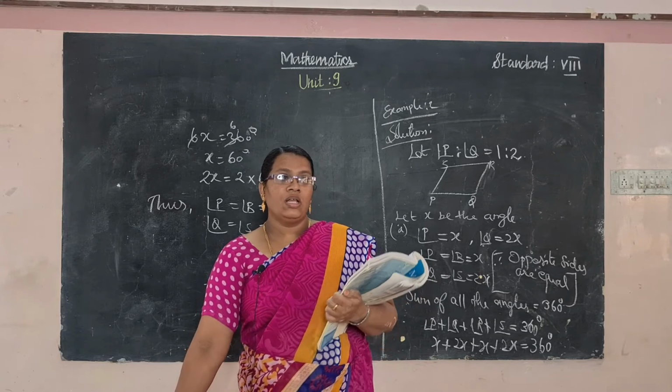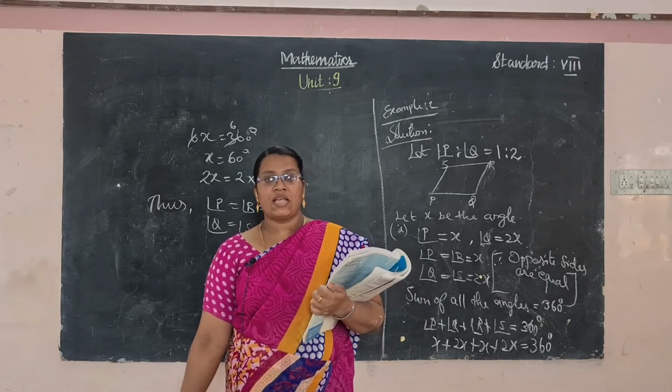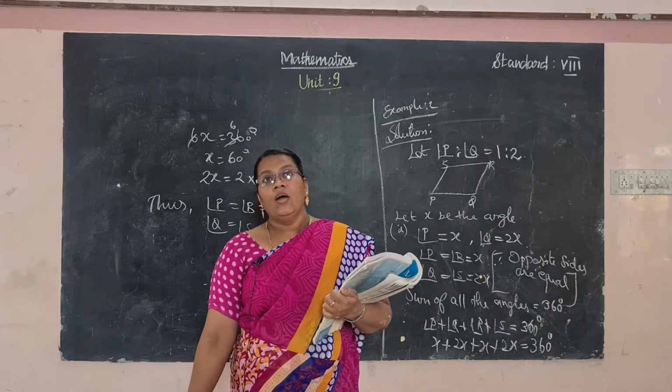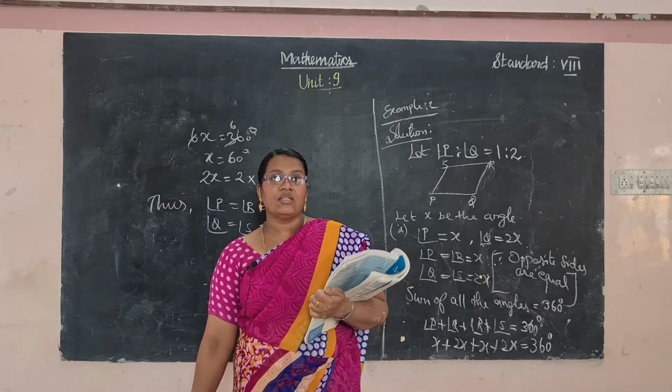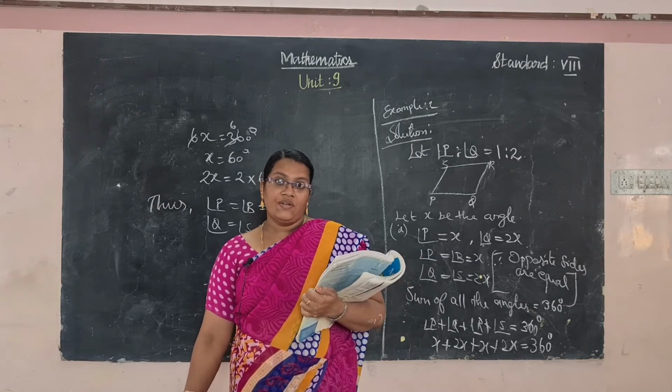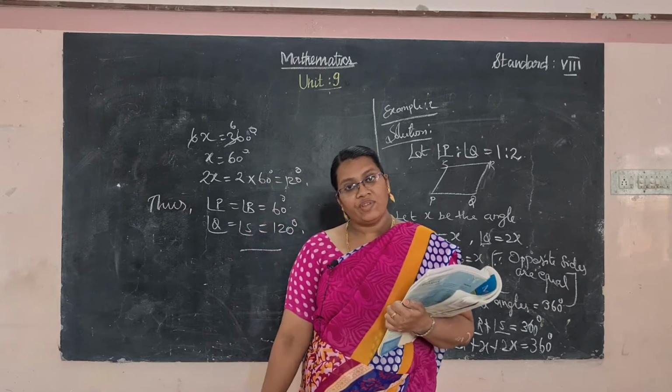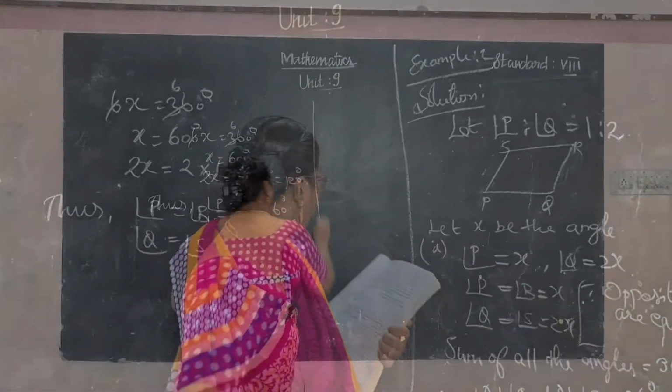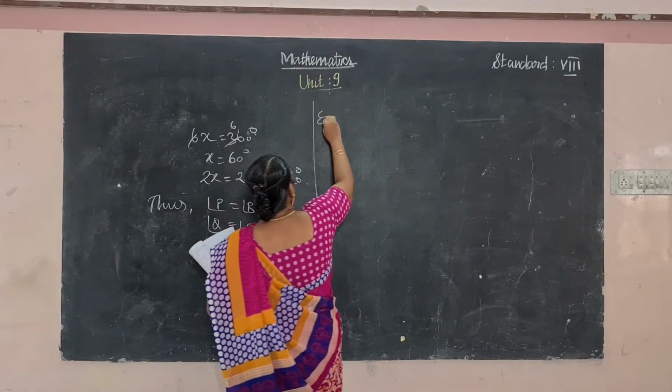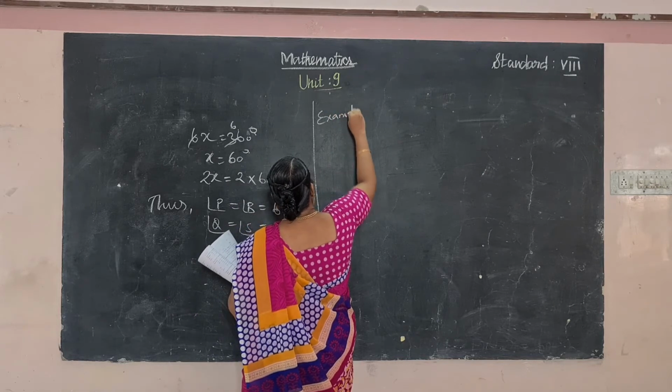So we consider one side as x, and the other side, being 10 more, as x plus 10. After that we calculate the boundary of the parallelogram.